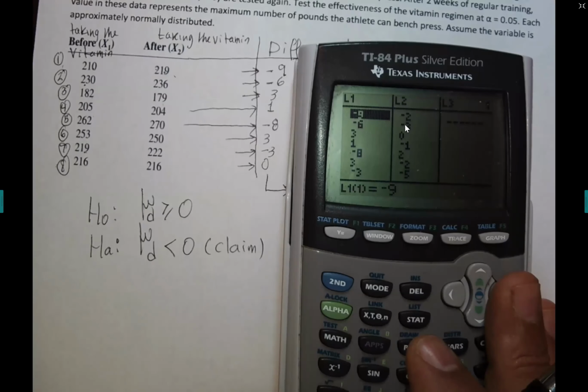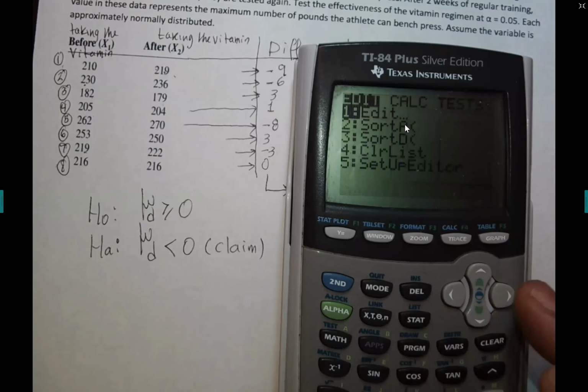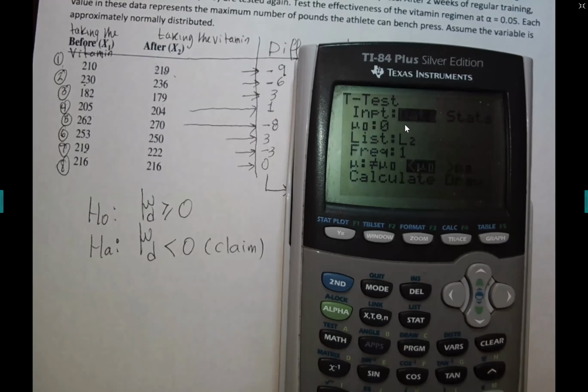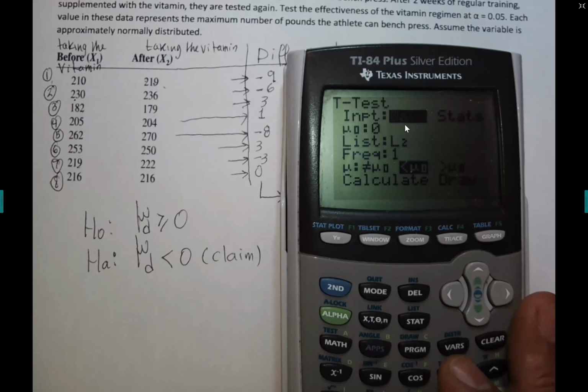I put it there already: -9, -6, 3, 1, -8, 3, -3, 0. Stat, tests, t-test. Remember, section 8.3 is t-test. It's always a t-test. And it's always against 0, guys. But my list this time is in L1.